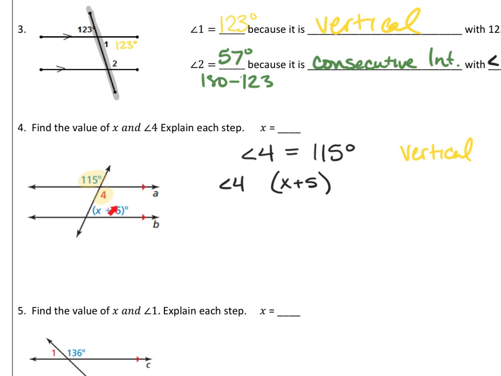What is it called when they're inside the parallel lines and almost like next to each other? Maybe look at your green part of your document. Same side interior. Same side interior tells me that they should add up and equal 180 degrees. That's my consecutive or same side interiors.